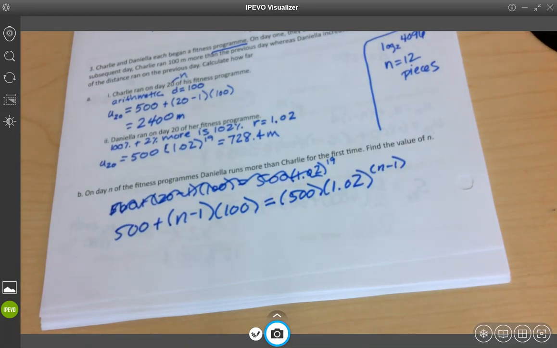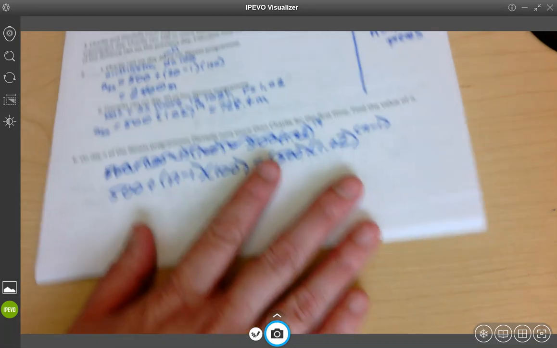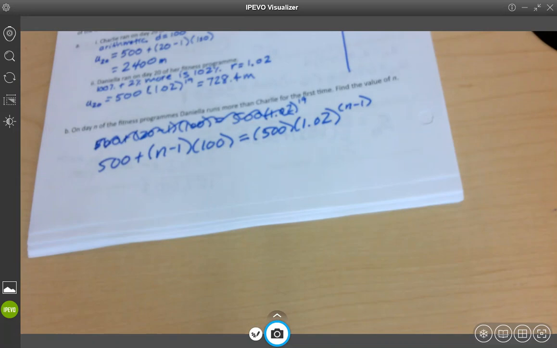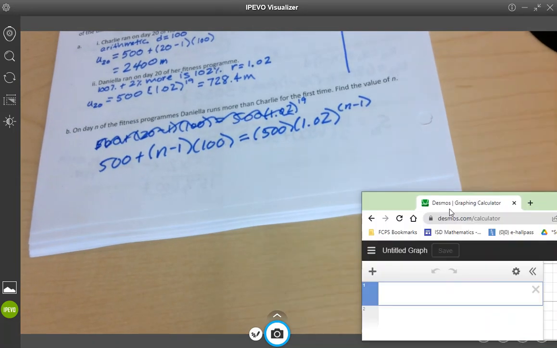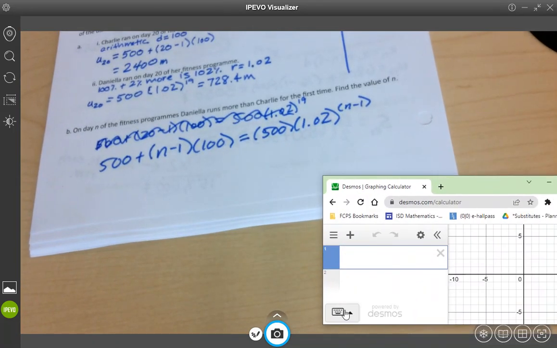And what I'm going to do, and what I want you to do too, is graph them each on their own line. So I'm going to use y and x. Y equals 500 plus n minus 1 times 100.